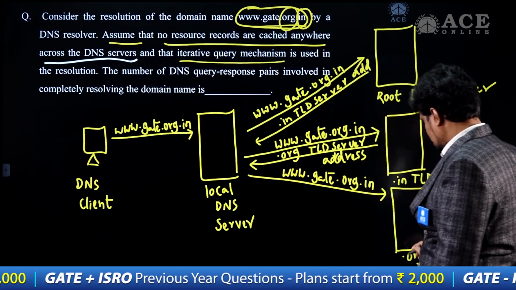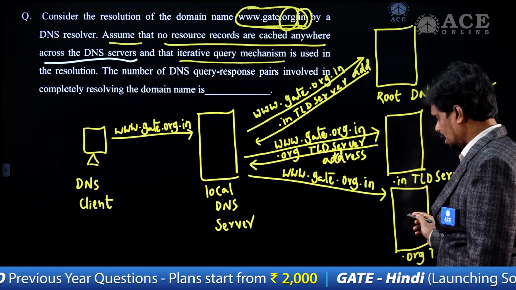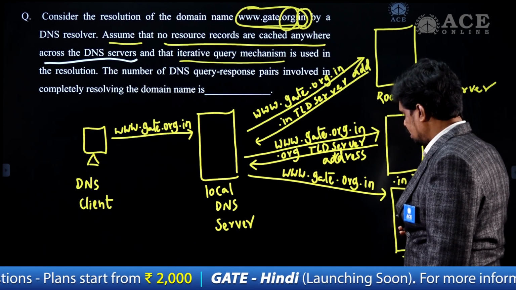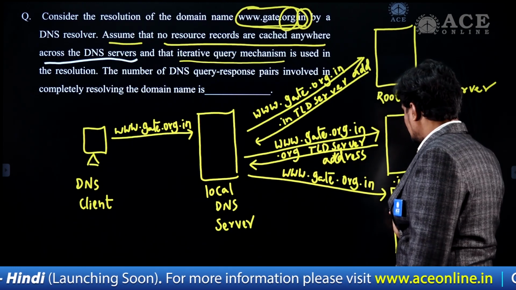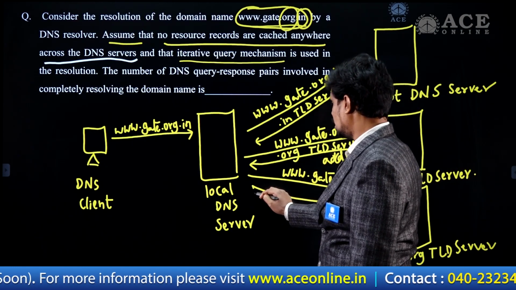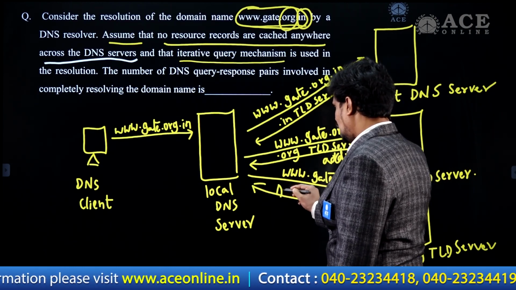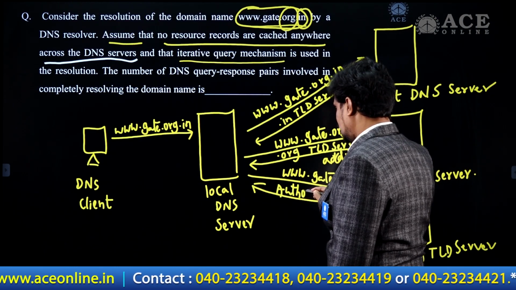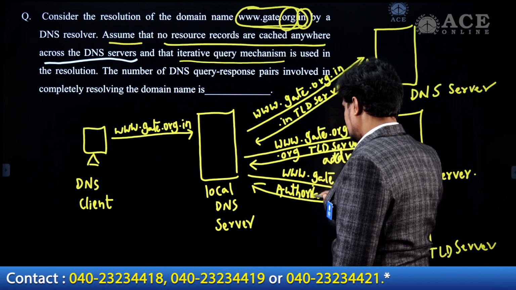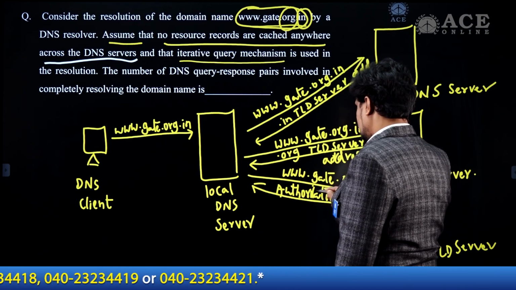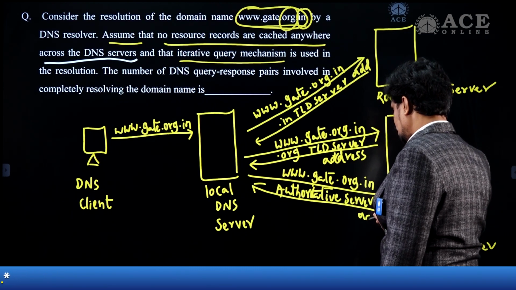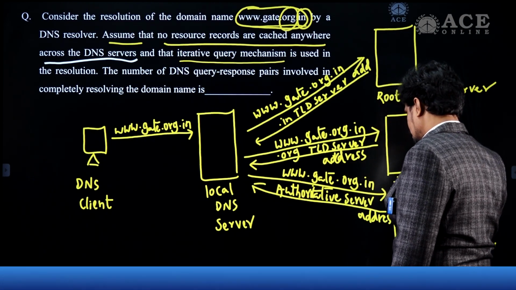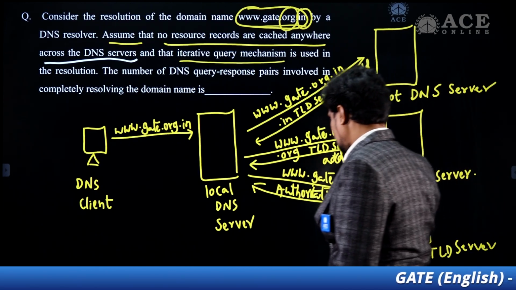This .org TLD server does not have the IP address of this URL address, but it has the authoritative reference address. So now it is providing the authoritative server address. Okay, so then look at.